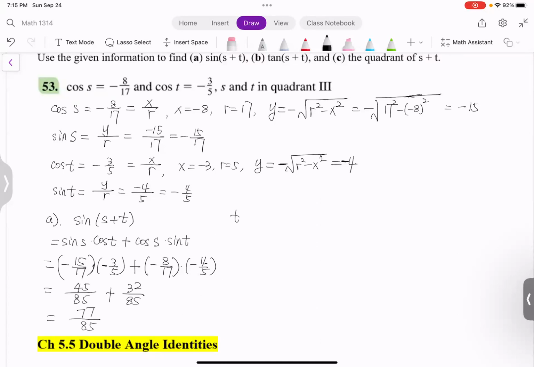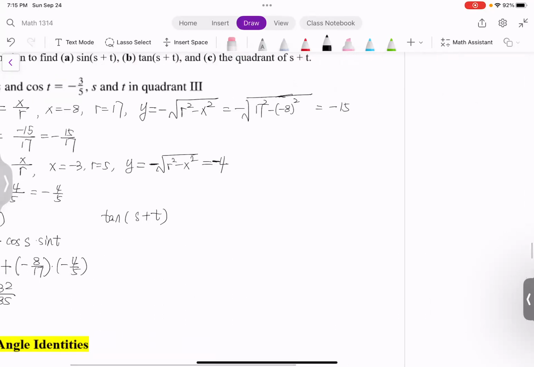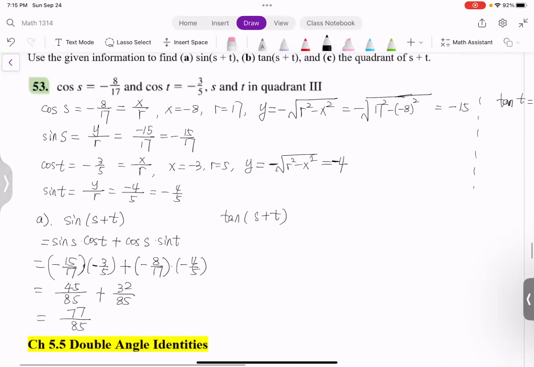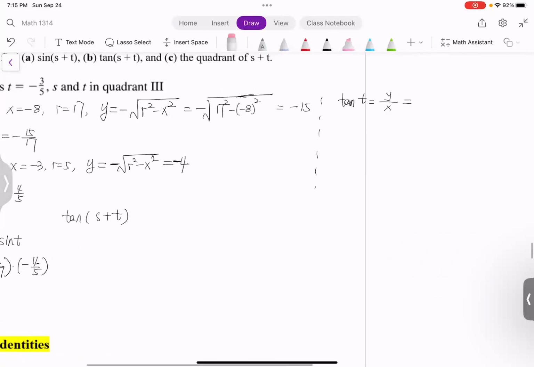How about tangent of s plus t? So we need to find the tangent s and tangent t. So let's borrow some area here. Tangent equals y over x. I'm looking for the s first.